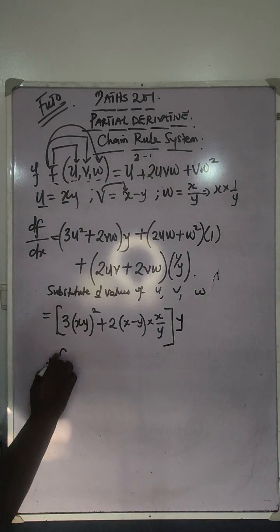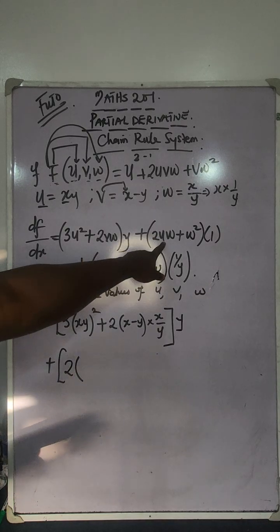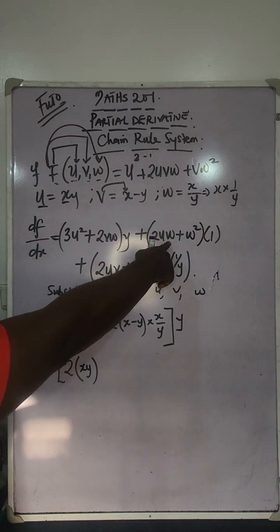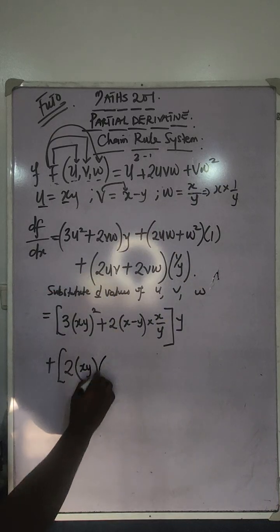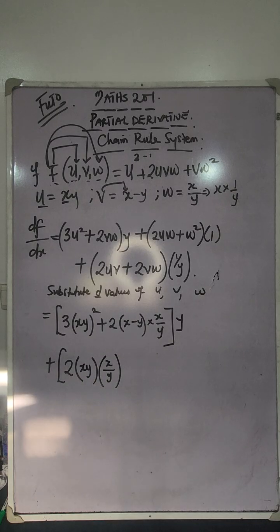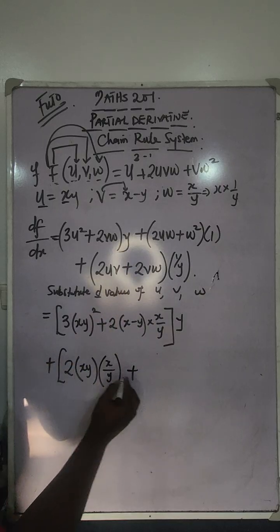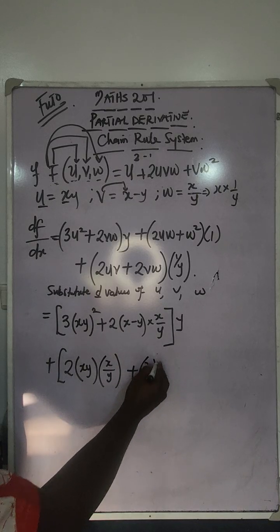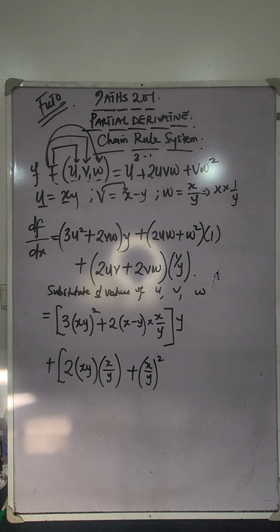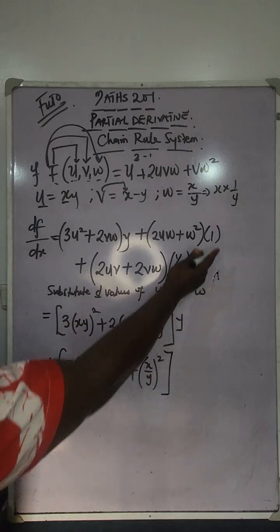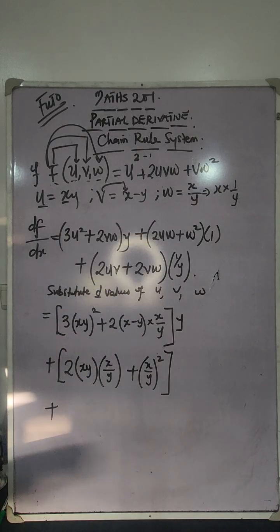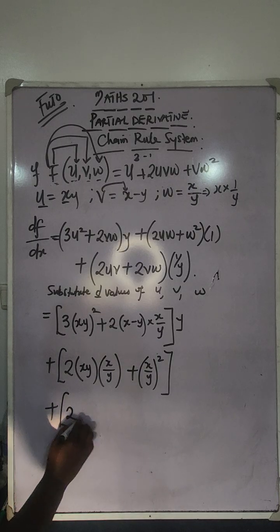Plus 2, now u again, I'll be writing xy, then w, I'll be writing x over y, but we have 2uw plus w squared, so we have x over y all squared, multiplied by 1, so we don't need to write 1 because 1 multiplied by anything is that thing. Then plus 2uv.